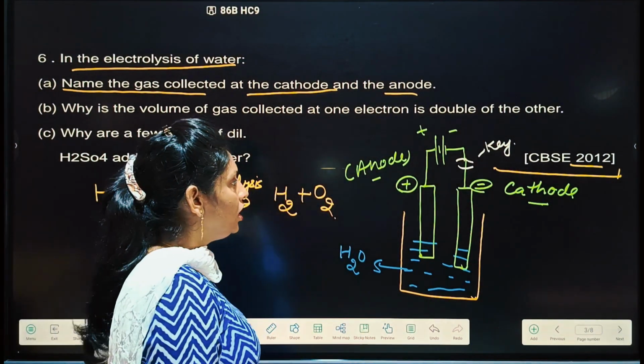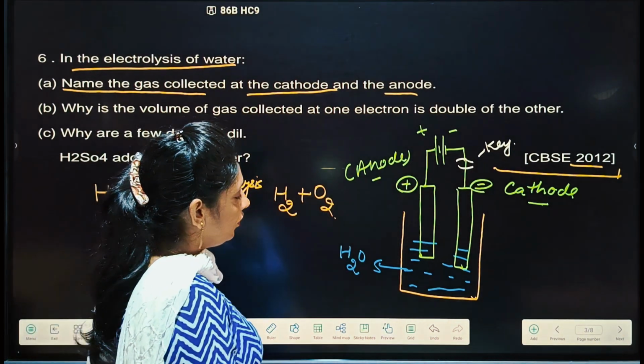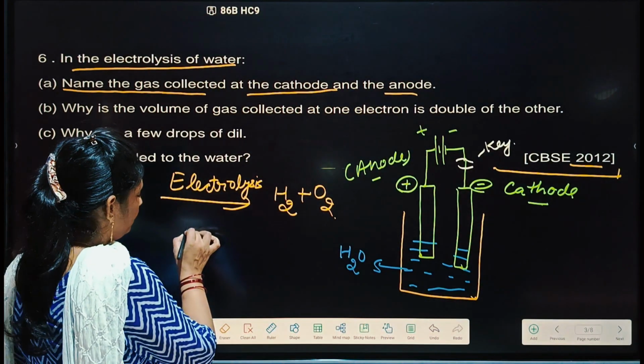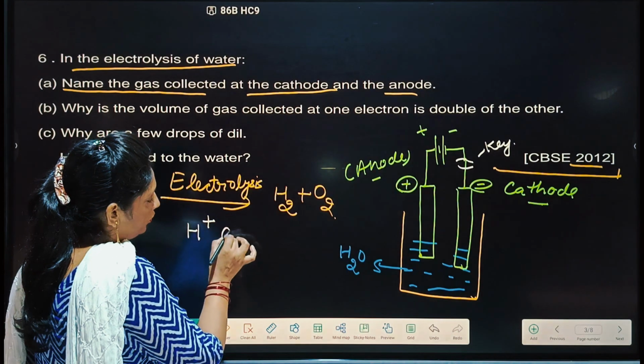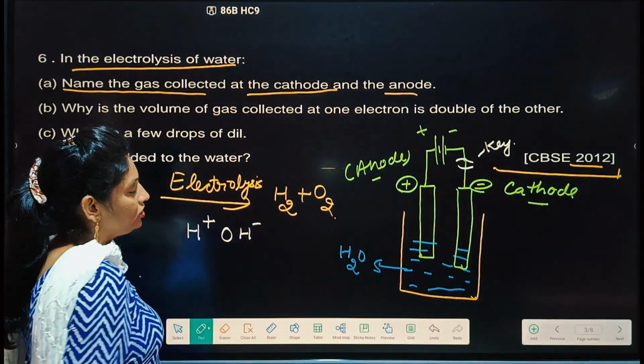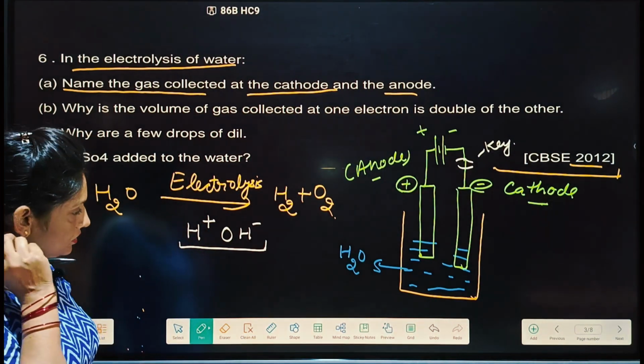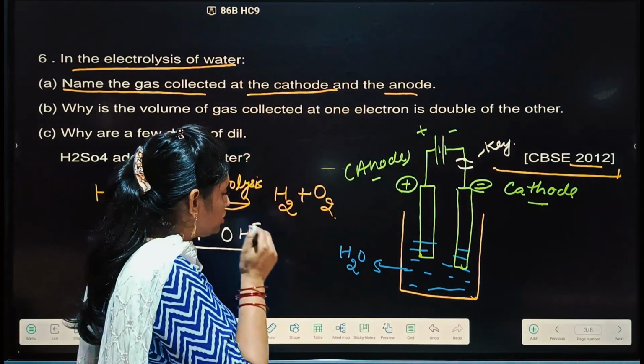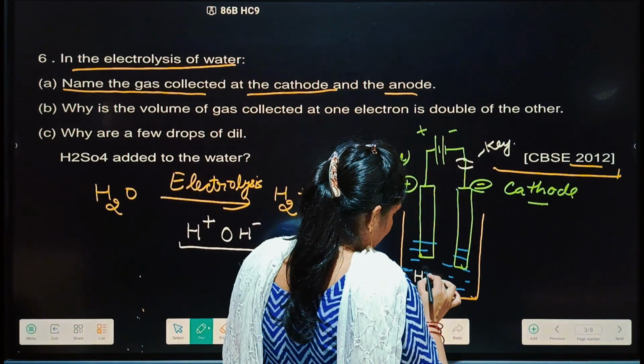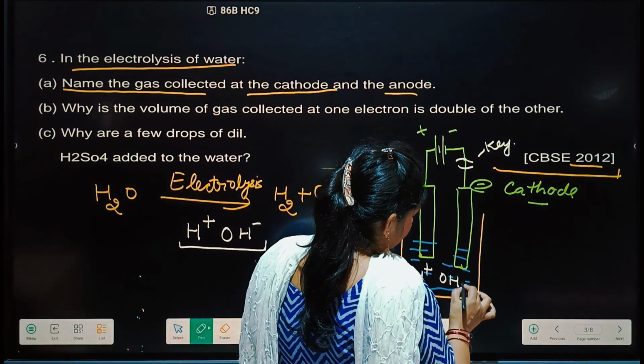What will happen? You know very well, water can be decomposed. When we pass electricity, it will be decomposed and it will give positive and negative ions, H plus and OH negative ions.